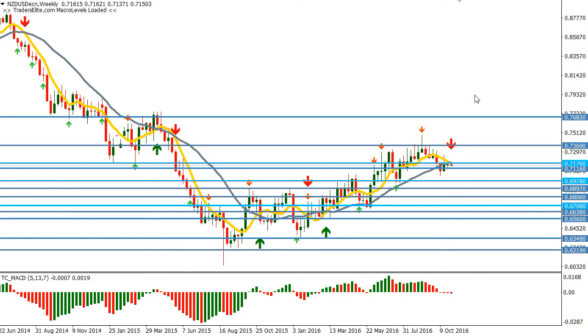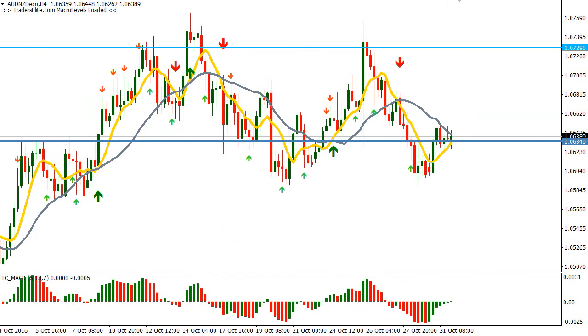That's pretty significant because it could certainly mean that for the next few weeks, if not longer, we could see some downward movement on the New Zealand dollar, which is certainly what the RBNZ, the Reserve Bank of New Zealand, is desperate to see.